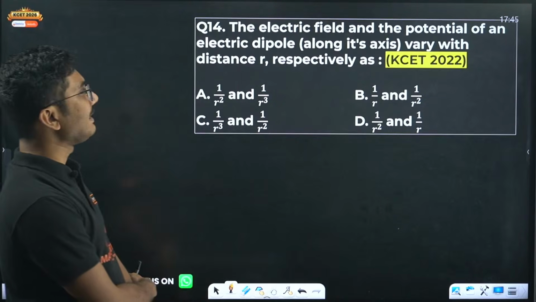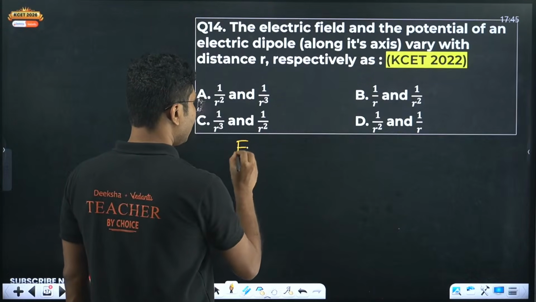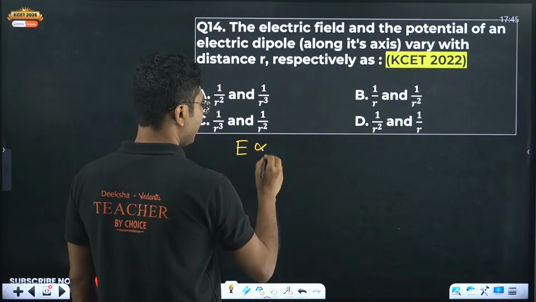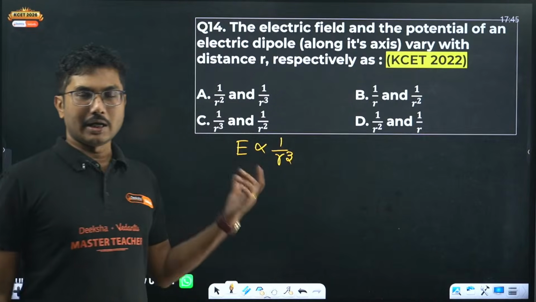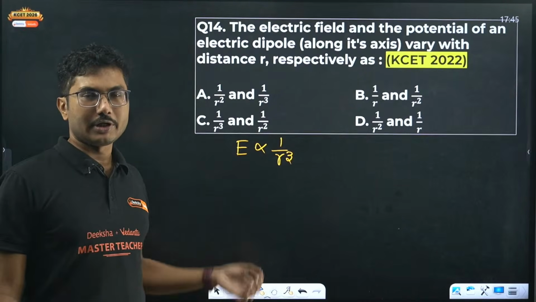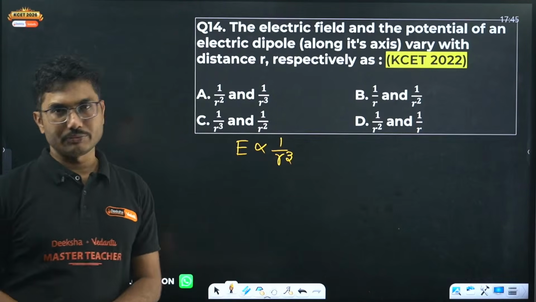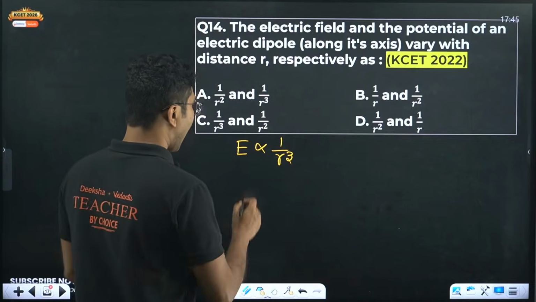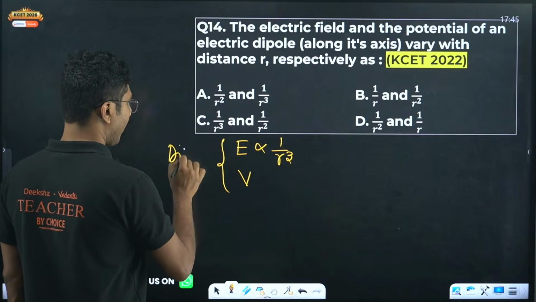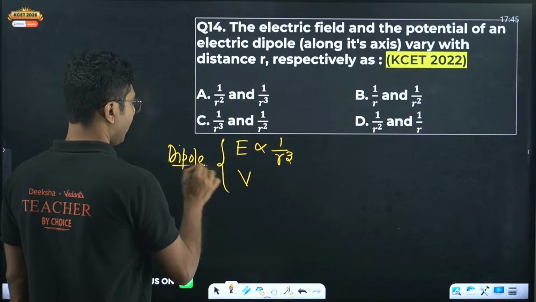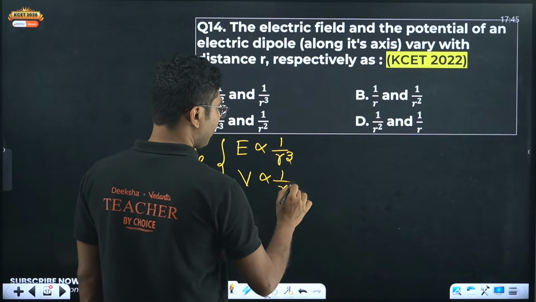Electric field due to a dipole is proportional to 1 upon r cube, no matter whether it is along the axial, the equatorial or any other arbitrary direction. And electric potential due to a dipole varies as 1 upon r square.